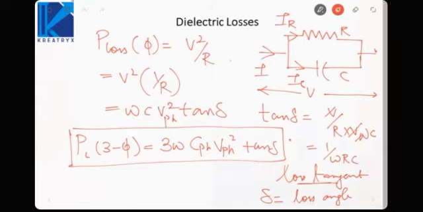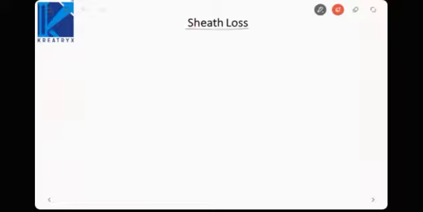The next type of loss is called as sheath loss or armoring loss. Now what happens when the current flows in the conductor? There will be some flux. Now this flux will not be restricted to the interior region of the cable. Rather, it will also link to the sheath and the armoring layer. Now the sheath and the armoring layer are made of metal. Okay, they are made of conducting material, due to which, due to the alternating flux, EMF is induced in the sheath and armoring layer.